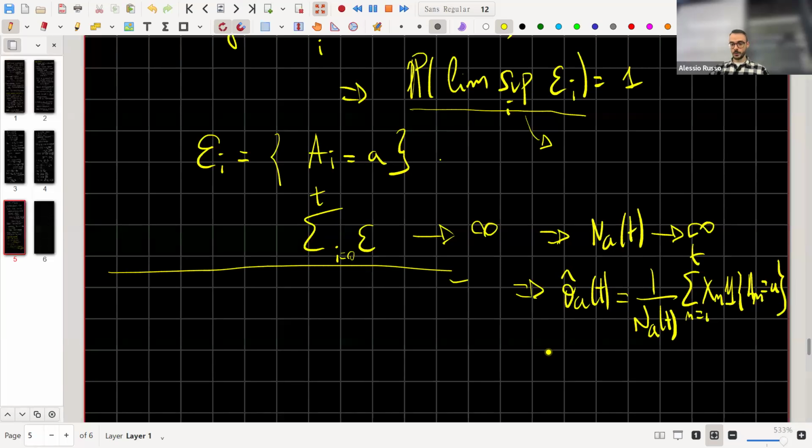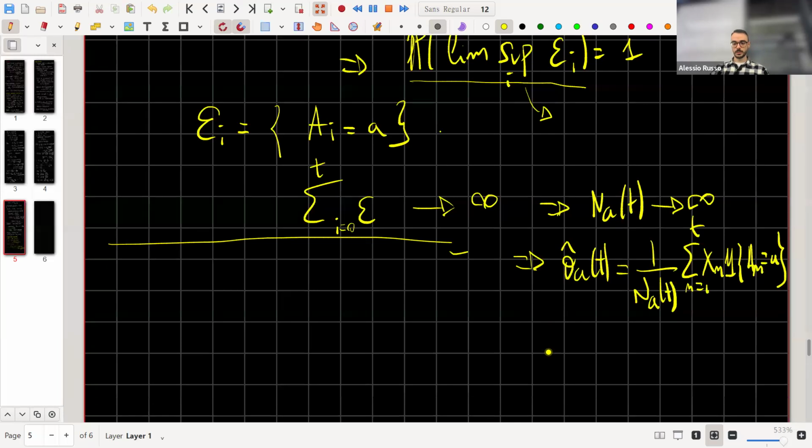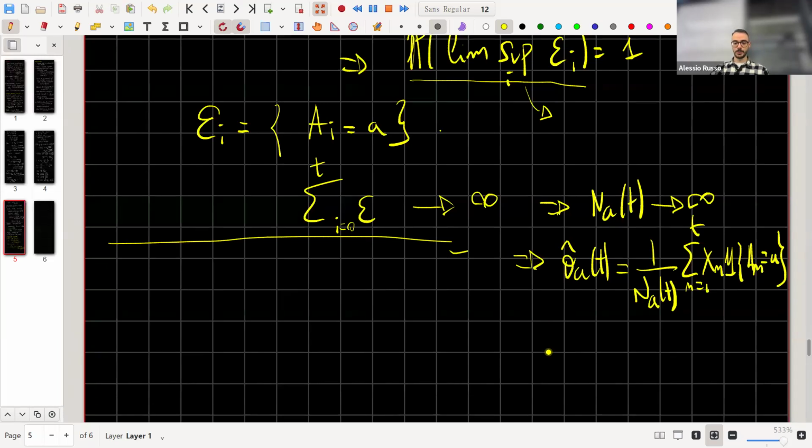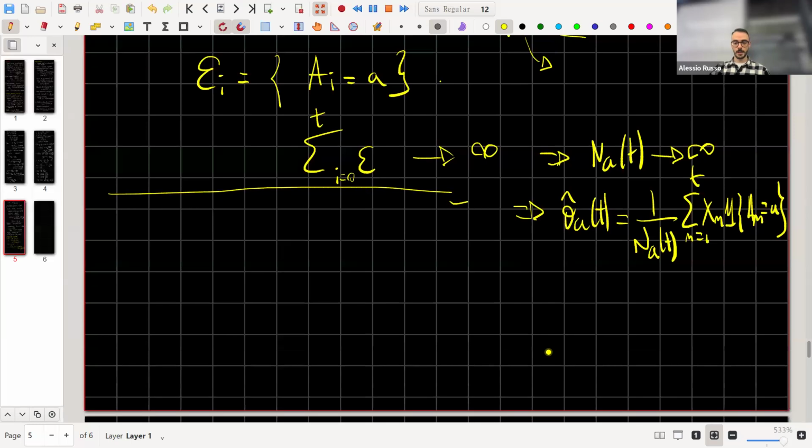So this is 1 over the number of times we selected arm A up to time t, times the sum from n equal to 1 to t of the random variables we observed in round n times the indicator function that we selected arm A in that round. So this is just the mean value of arm A, and this will converge to theta_A.